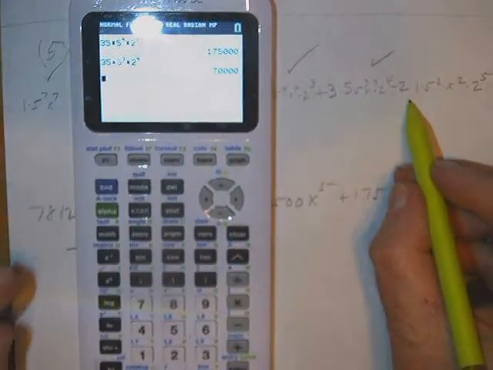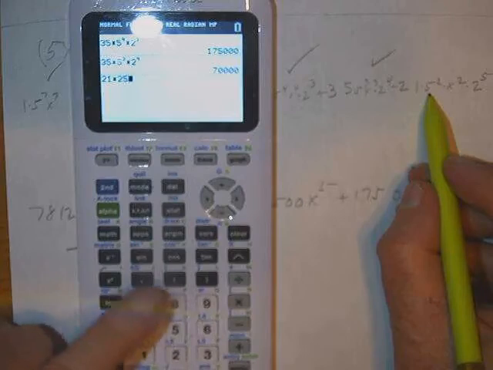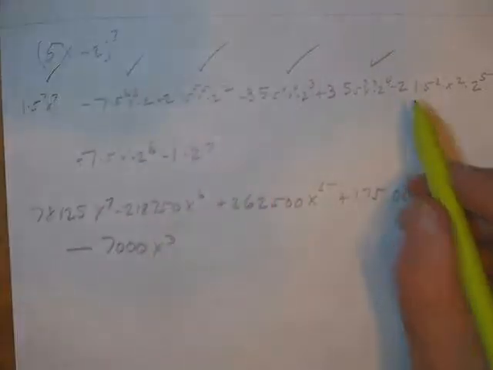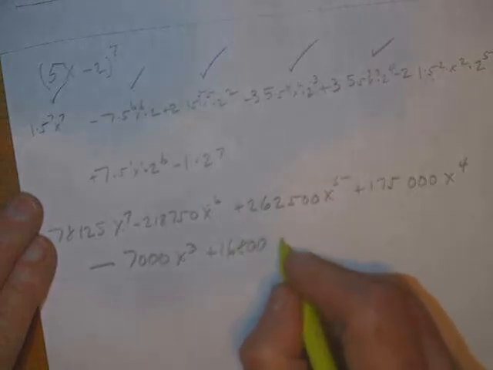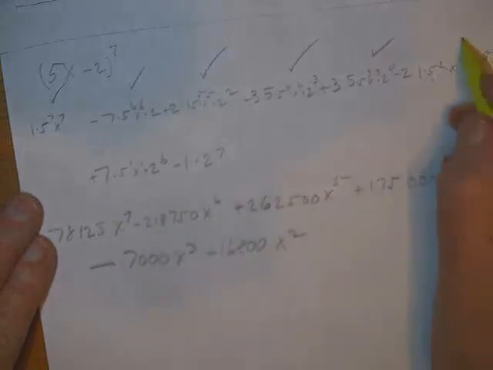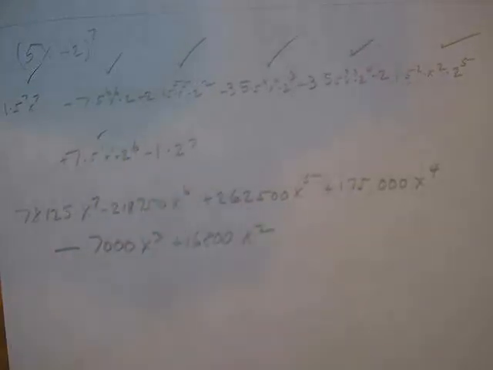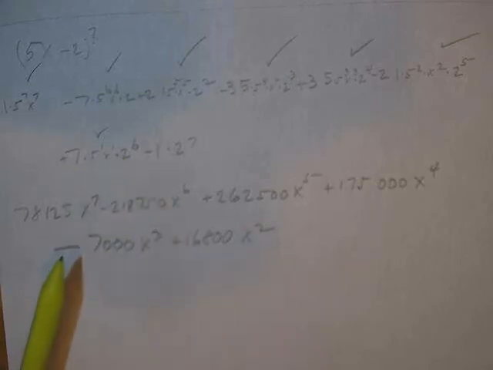Okay, right down here, 21 times 25 times 32. 16,800 x squared. Now we got this, so that's that one. Just click these things off one at a time. 7 times 5 times 2 to the 6th. 2240.